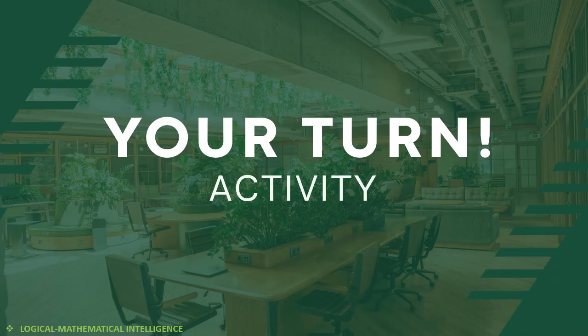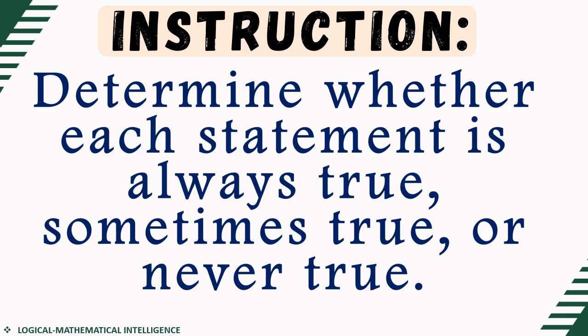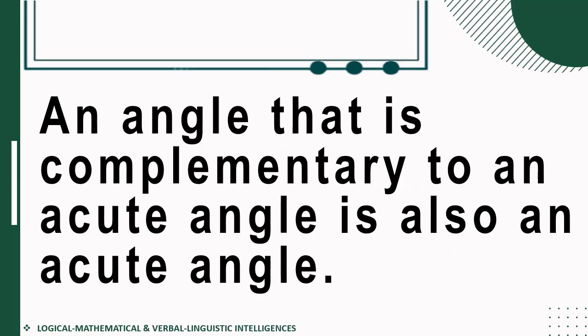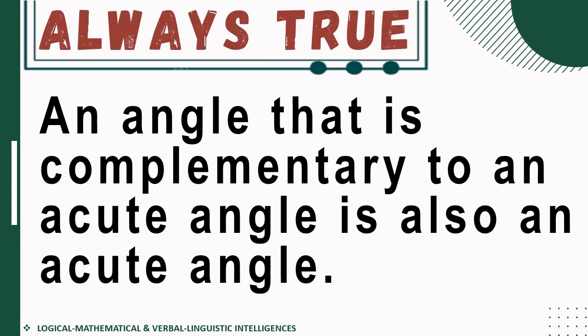Now let's have another activity. What will be this task? You are going to determine whether each statement is always true, sometimes true, or never true. For our first statement, an angle that is complementary to an acute angle is also an acute angle. This statement is actually always true.